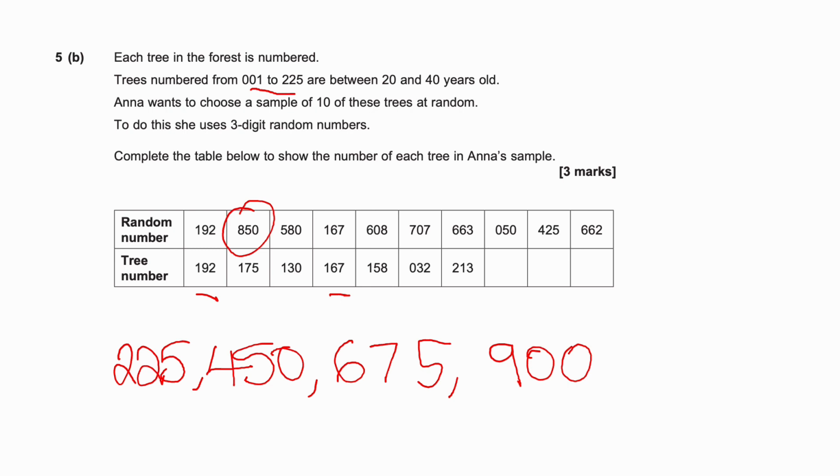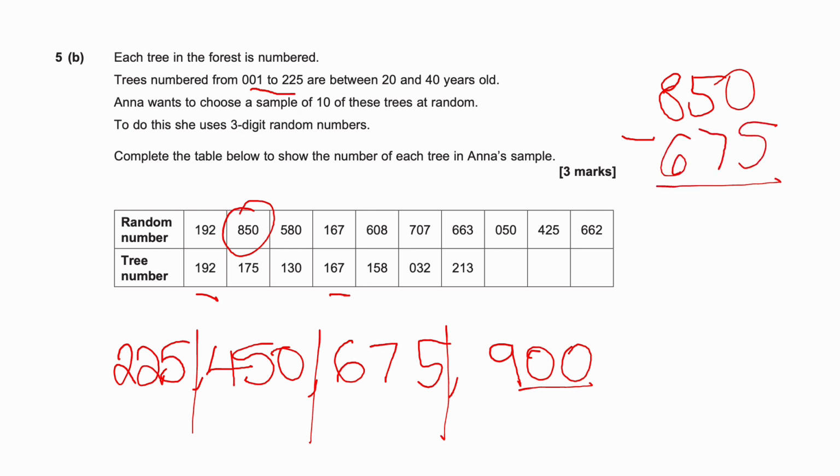So for 850, I'll discard the first lots of 225, and by the time I get to 900, that's too many. So I'm going to stop at 3 lots, and say 675 would be 225. So 676 is going to be 1 again, 677 is going to be 2. So actually the easiest way to do this is just to say 850 take away 675, and that will tell us what our tree number would be.